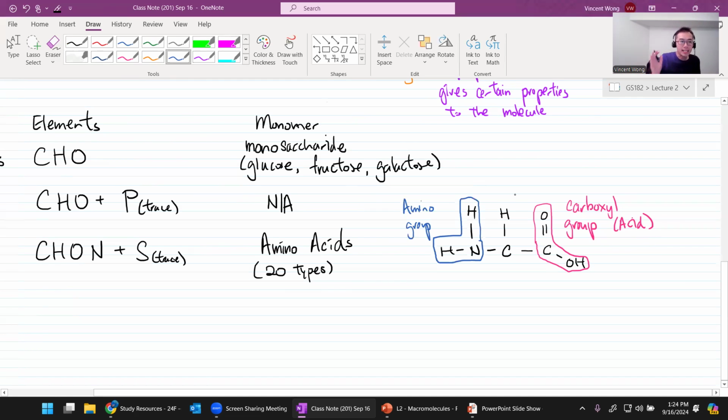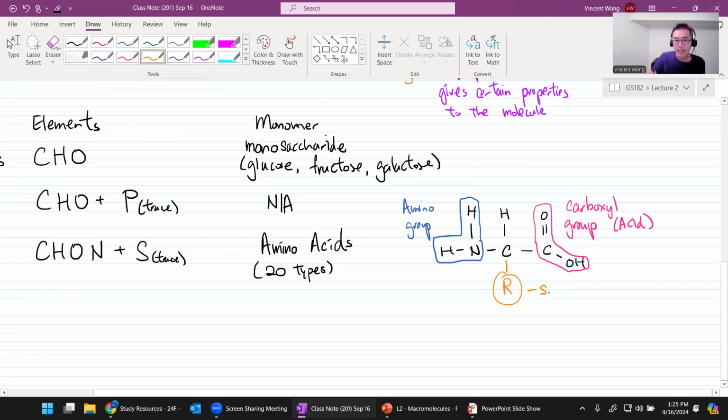So all 20 amino acids will have this backbone structure. What makes them different from each other is the fourth thing. Remember, carbon can attach to 4 things, right? 1, 2, 3, 4. So this fourth thing here, people just put R, and R can be different things. In fact, it's going to be different for each of the amino acid.